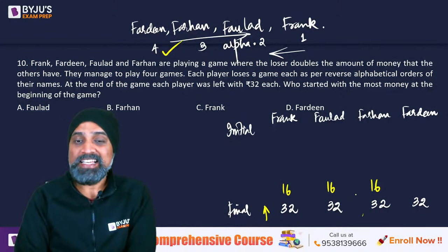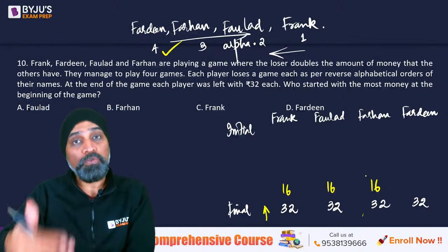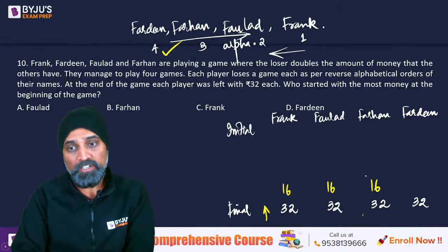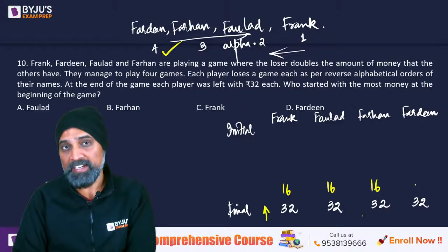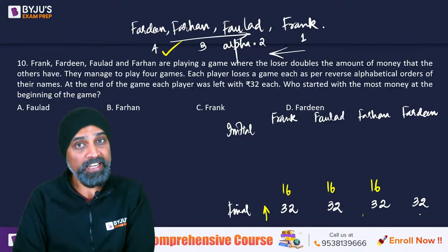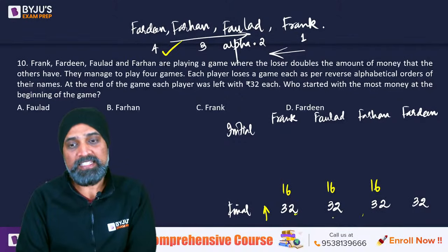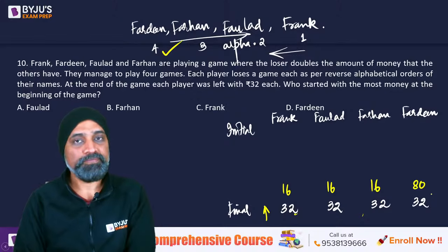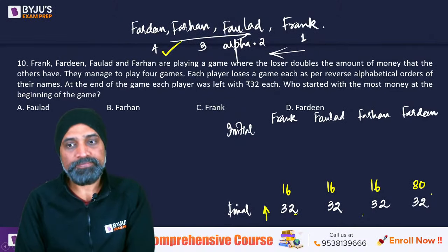So 16, 16, 16, 48 more was added overall from Fardeen's side on these 3 guys. That means Fardeen must have had 32 of his own money and another 48. 48 कहाँ से? 16, 16, 16. 48 add हुआ. So this is going to become 80. 32 plus 48 is 80.